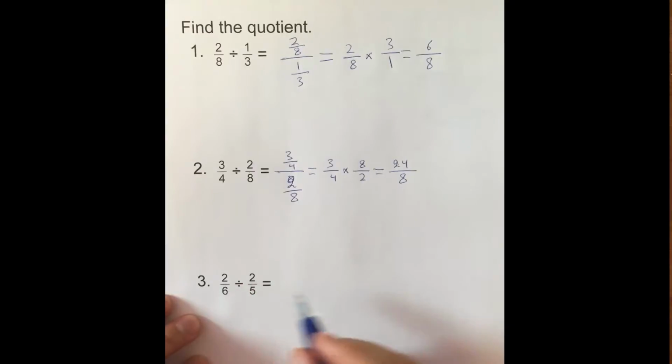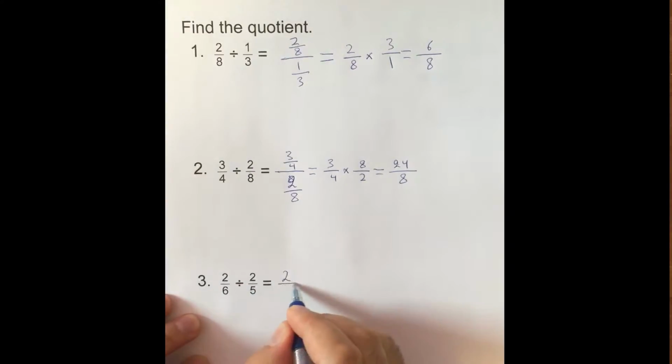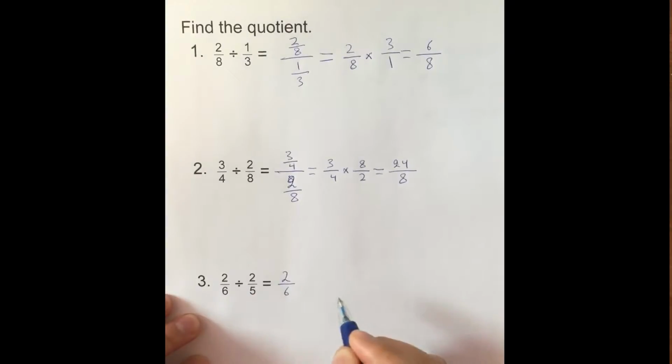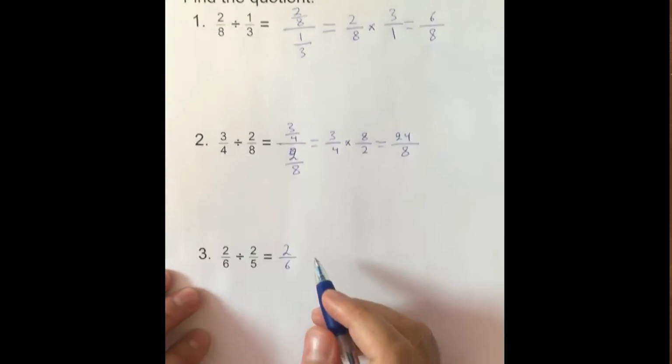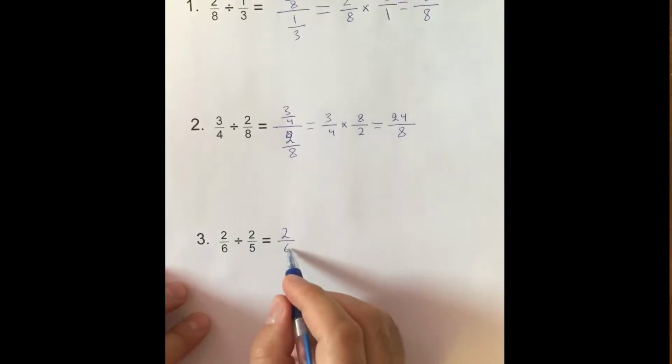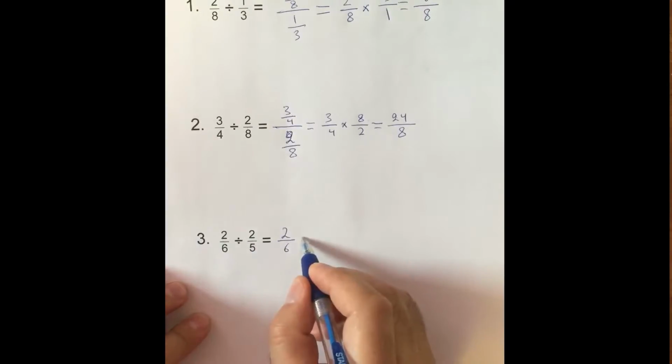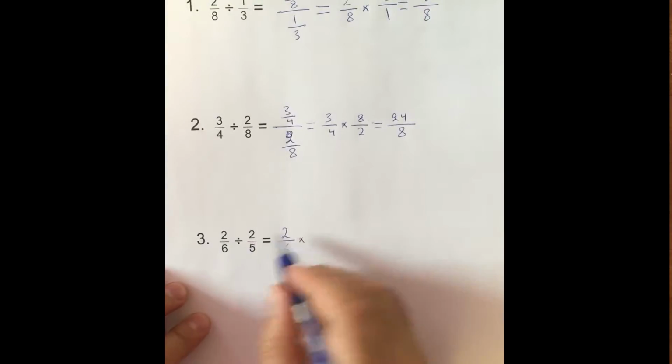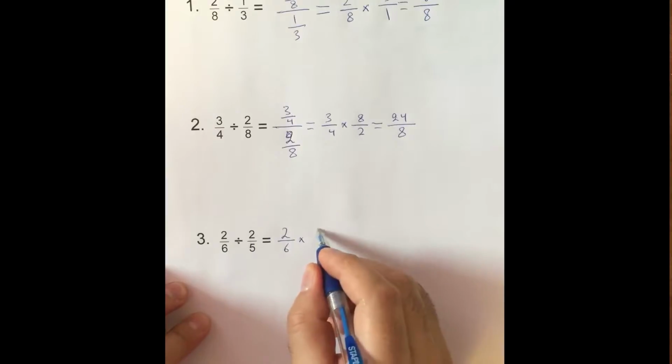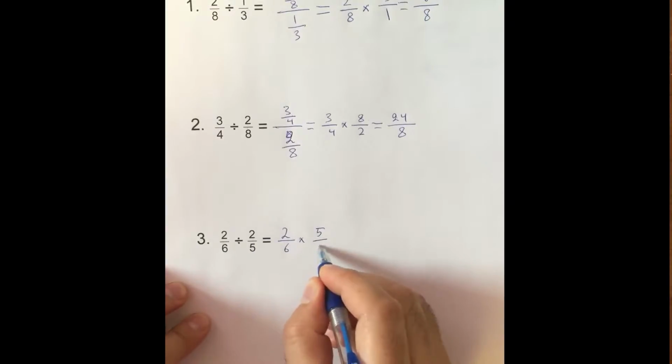So we have 2 over 6 divided by 2 over 5. So write it 2 over 6. I'm gonna skip this step, okay? So 2 over 6, you change the sign to multiplication, you switch this, you reverse this, write it as 5 over 2.